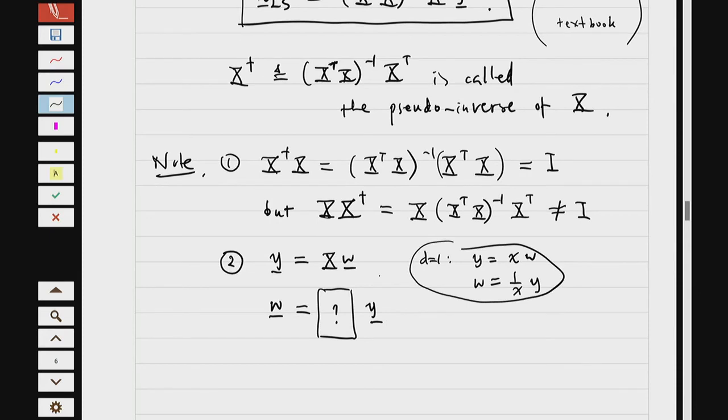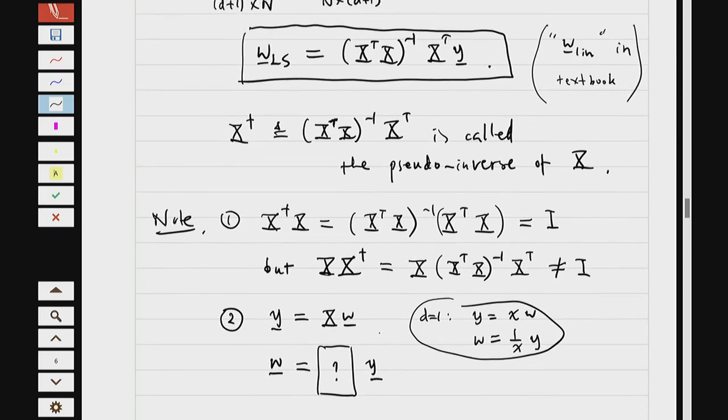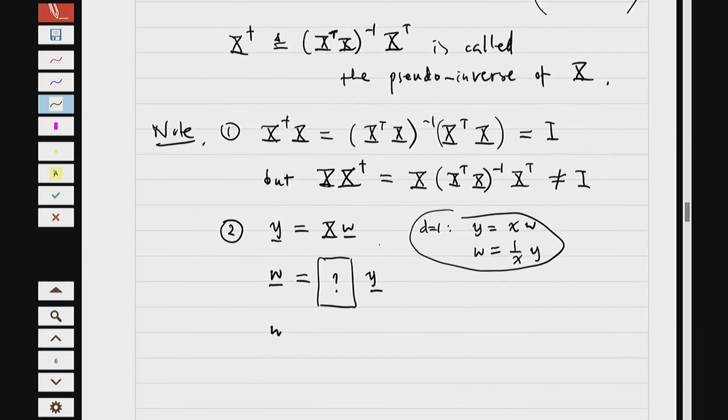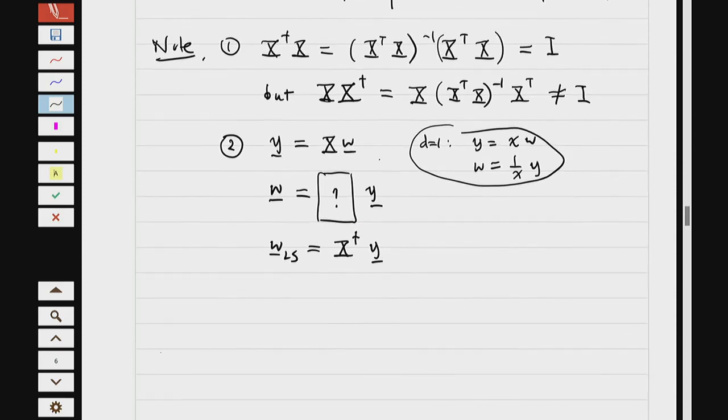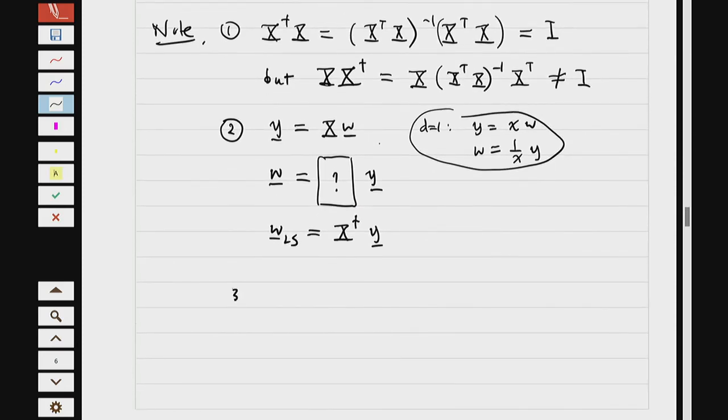The idea is to get something that looks like an inverse. It turns out that mathematically we have shown that you just put in a pseudo-inverse instead. The least square solution gives you X pseudo-inverse times the vector y. And that actually makes sense intuitively.